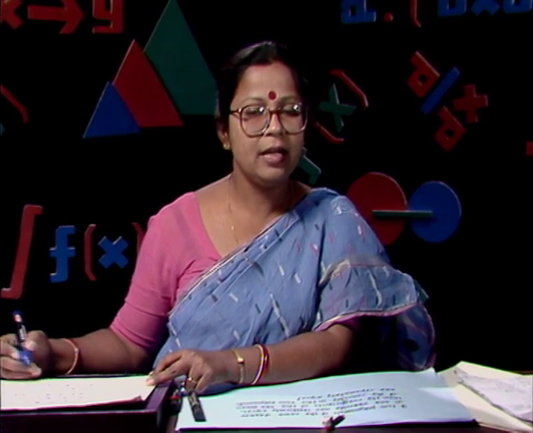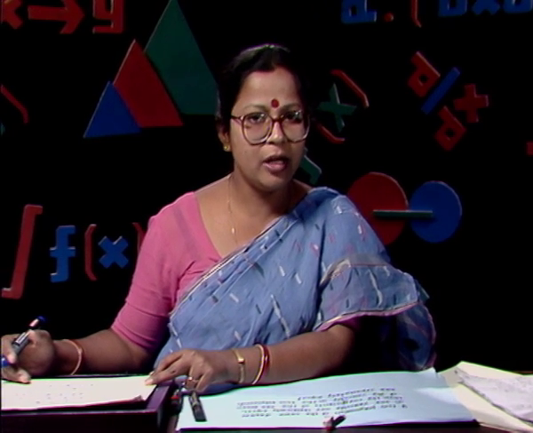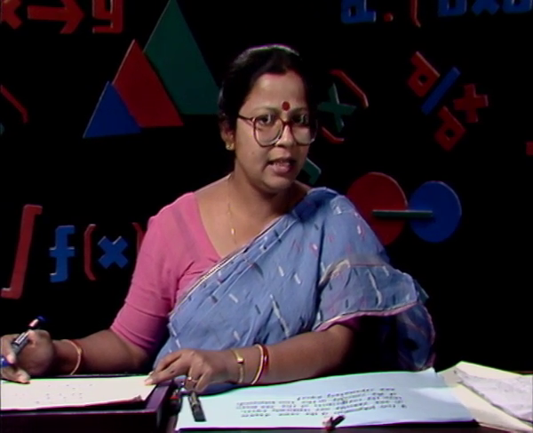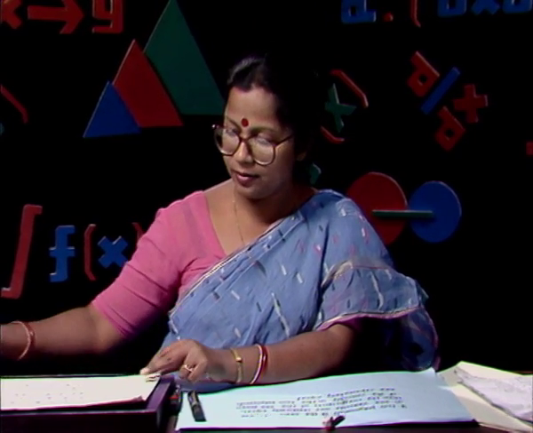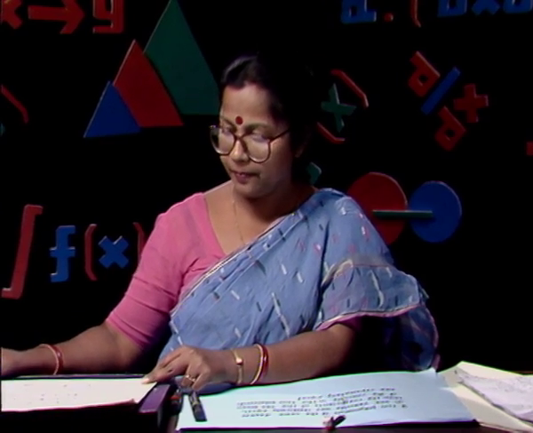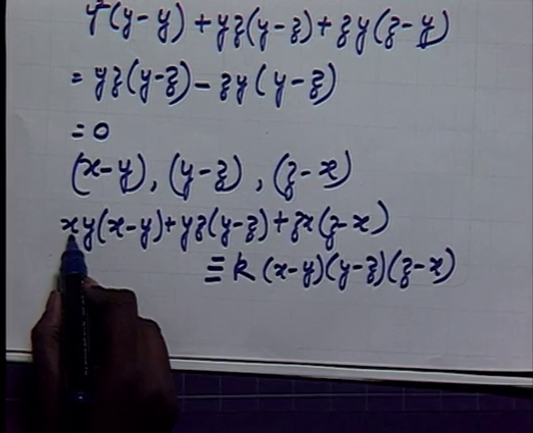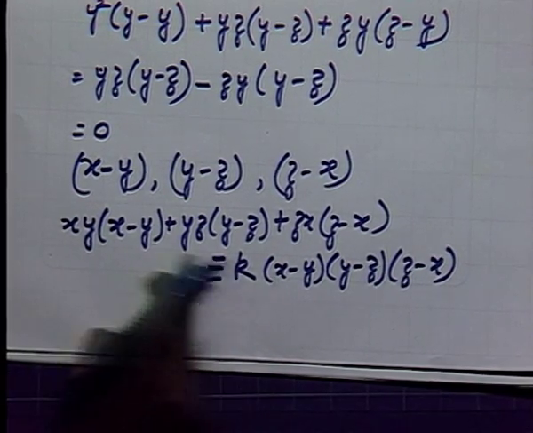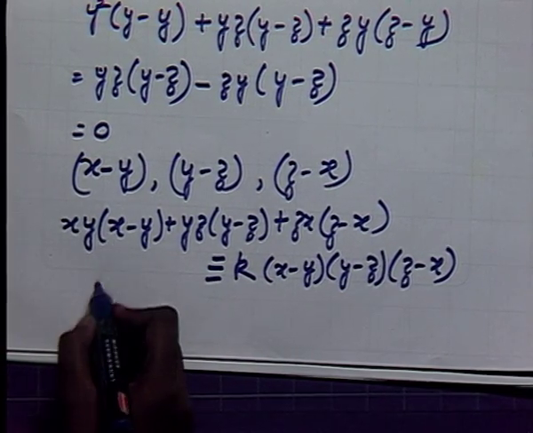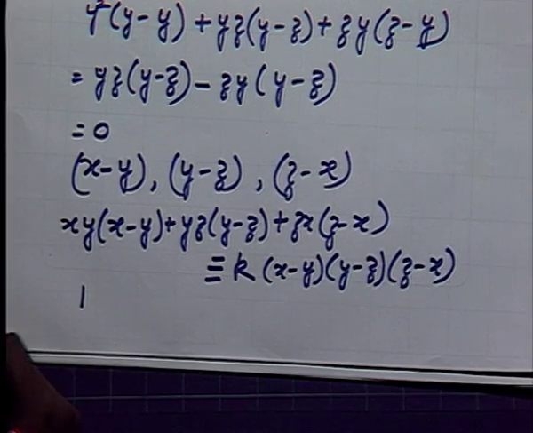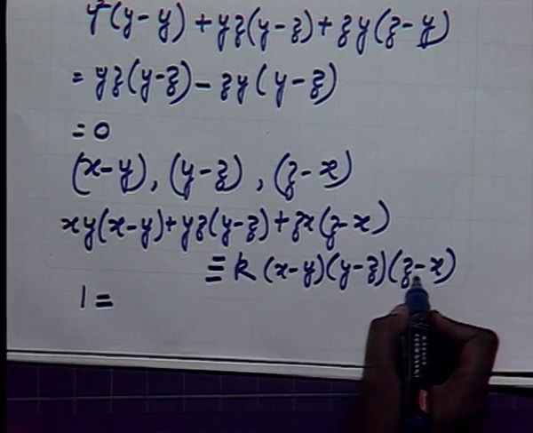We will find it by the principle of indeterminate coefficients. In that, we compare the coefficients of like terms in the 2 polynomials if they are identically equal in degree in one variable. So, similarly, in this case also, we compare the coefficients of the term x square y from both the sides. Here the coefficient of x square y in the left hand side is 1, and the coefficient of x square y from the right hand side: let us see how do we get x square y.